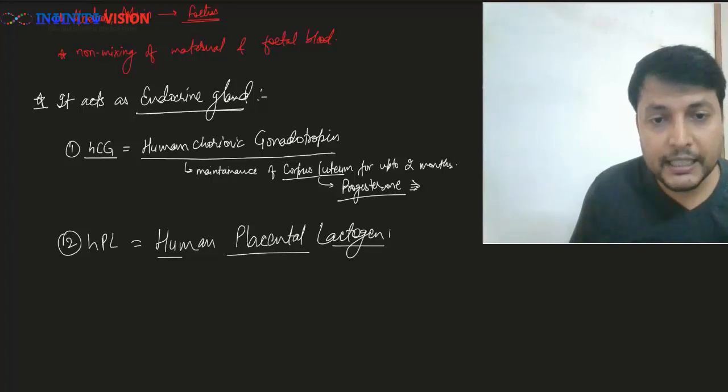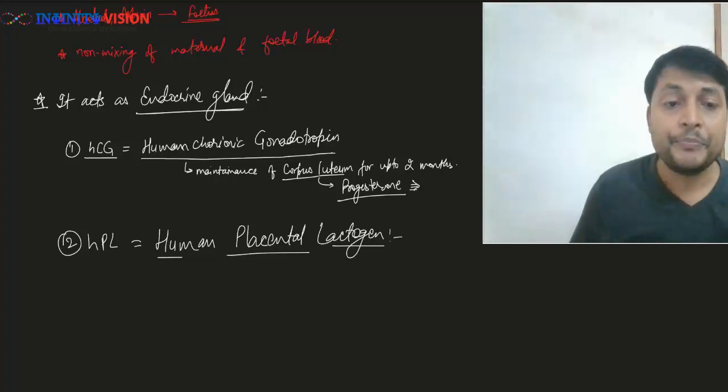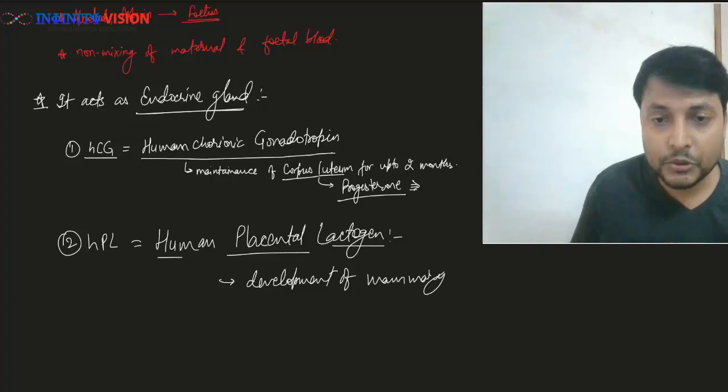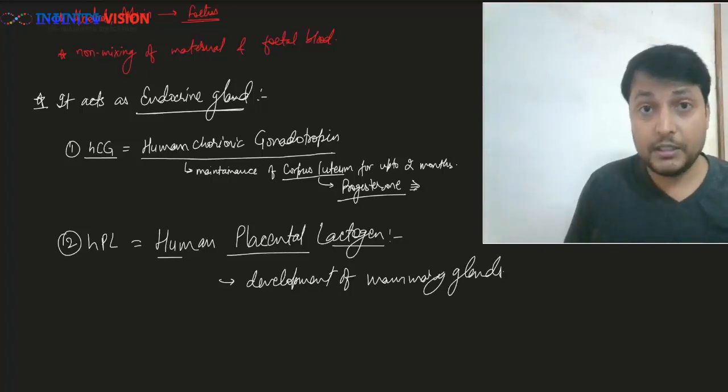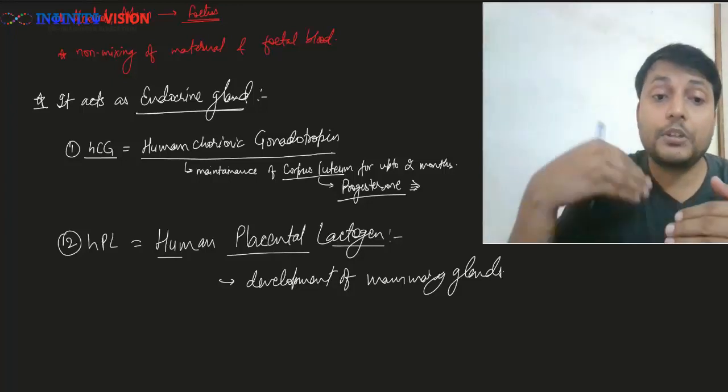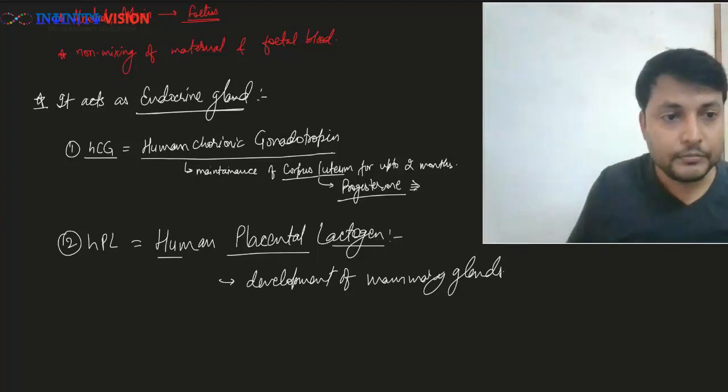Now HPL, human placental lactogen, is responsible for development of mammary glands. Okay, so it is actually preparing the female's body for motherhood.